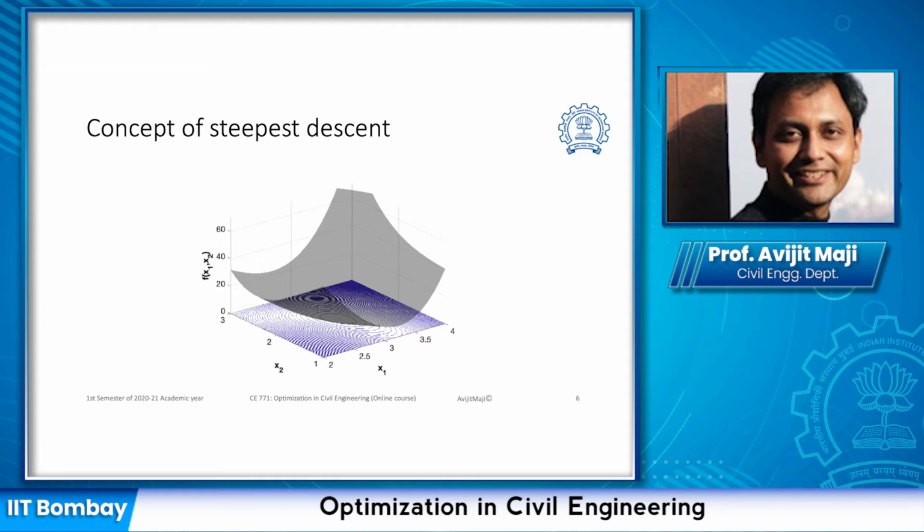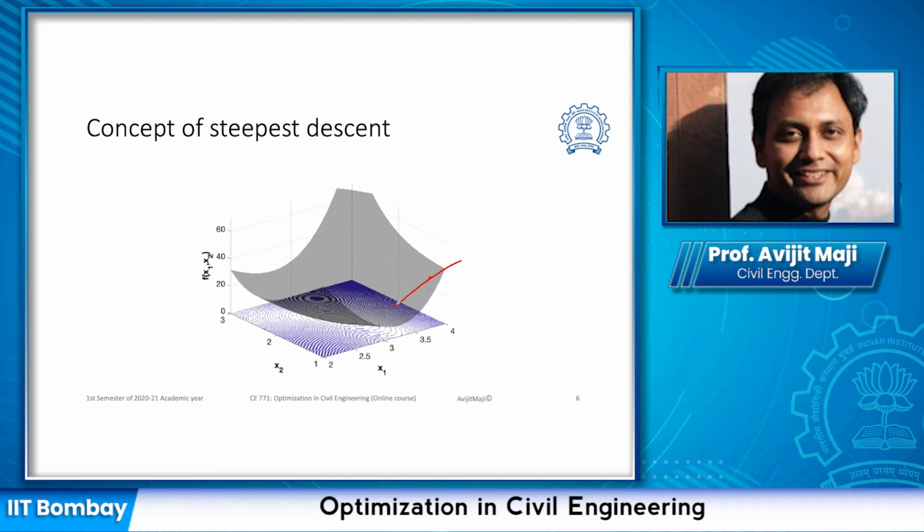For example, in this particular objective function, if we look at a point here on the surface and try to find the gradient, it may give us something like this. If we try to move along this gradient, particularly if it is a minimization problem, we are going to go towards the negative gradient, the direction in which the function is reducing.